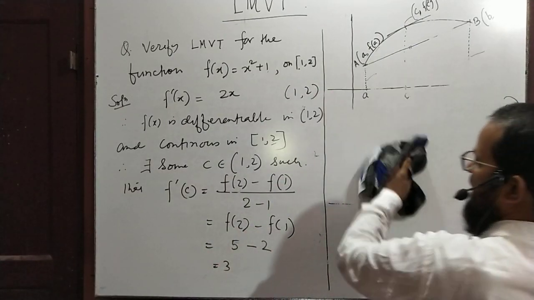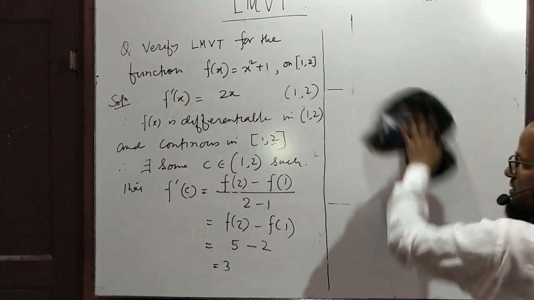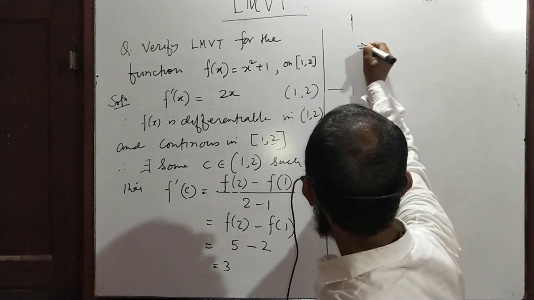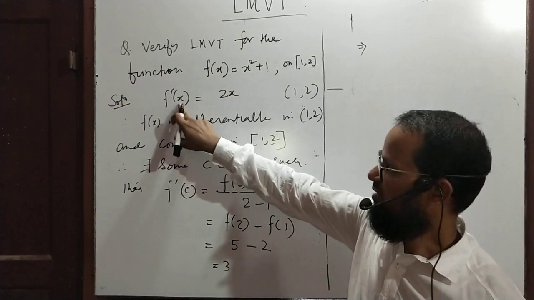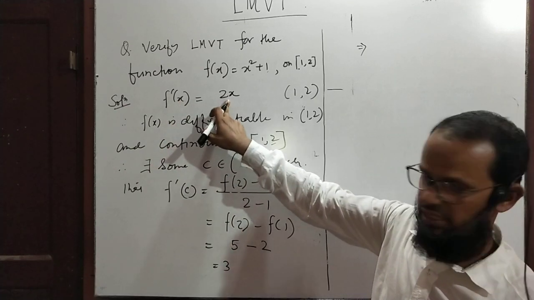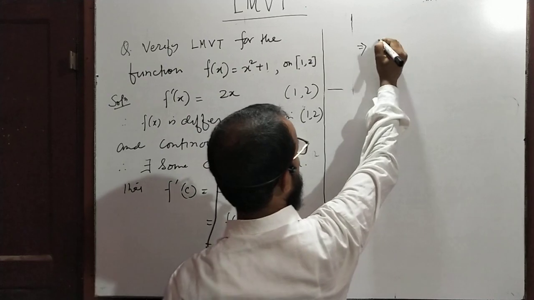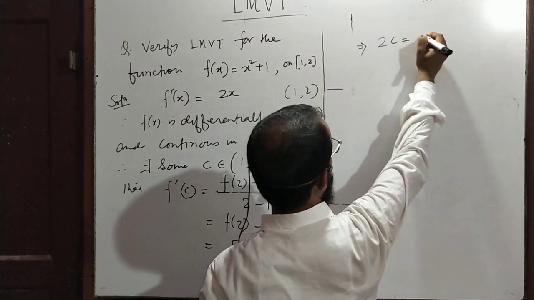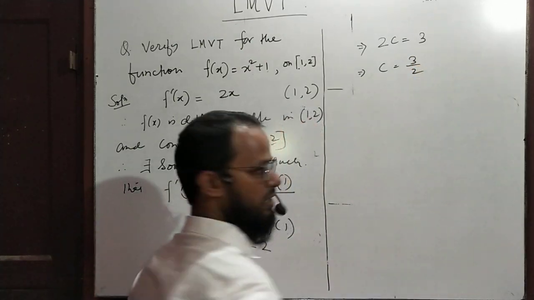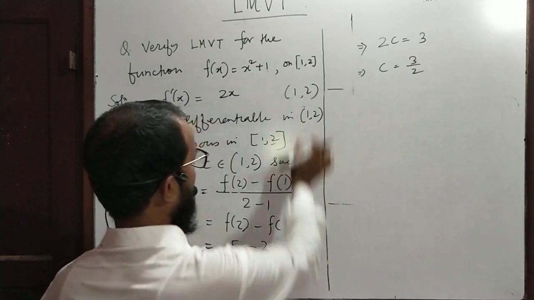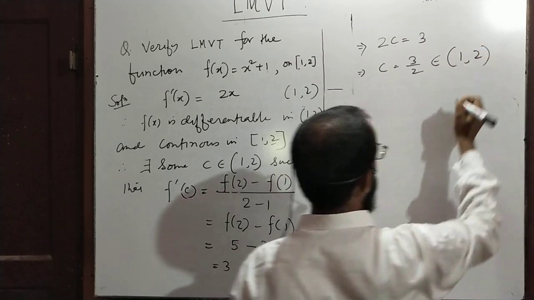Now what is your f'(x)? f'(x) is equal to 2x. So what will be f'(c)? Replacing x by c, you get f'(c) equal to 2c. So your f'(c) equals 3. So you write 2c equal to 3, and finally c equal to 3 by 2, which is 1.5, and 1.5 is definitely lying in this open interval.